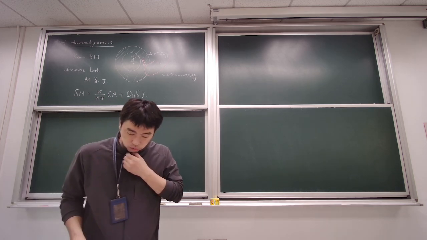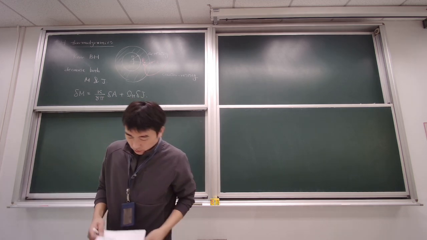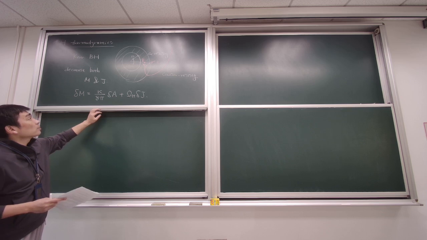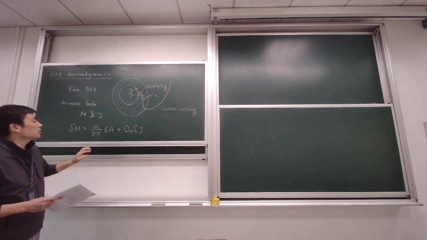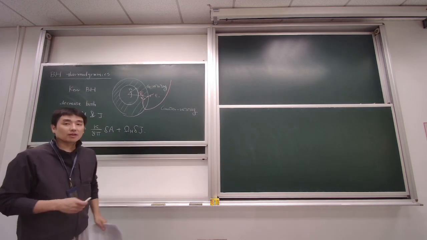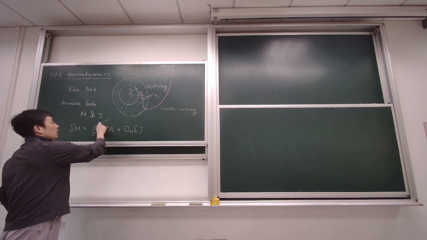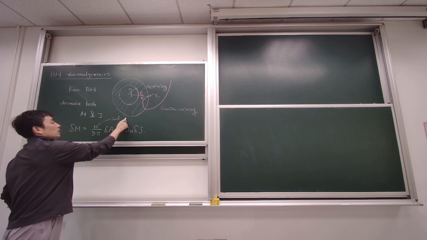That's what we saw last time with the Penrose process, and this is one example of black hole thermodynamics. Kappa is the so-called surface gravity, which we already saw.